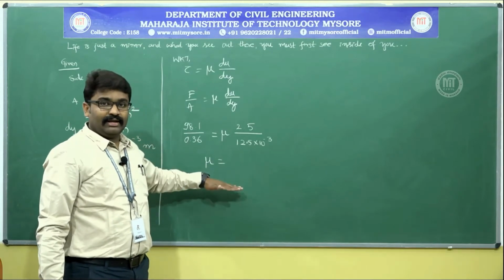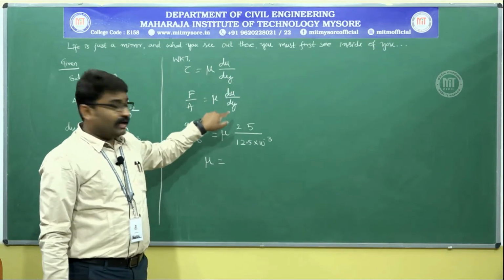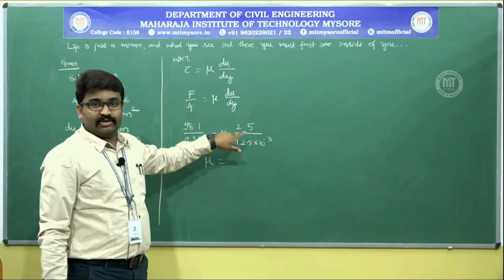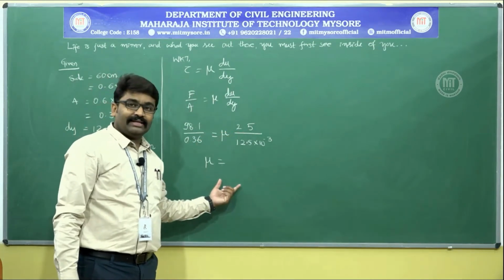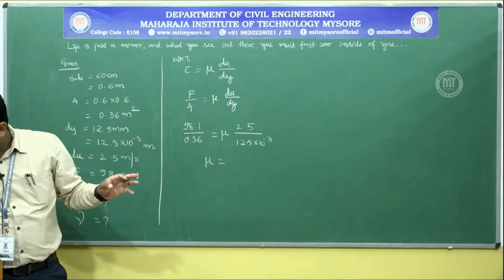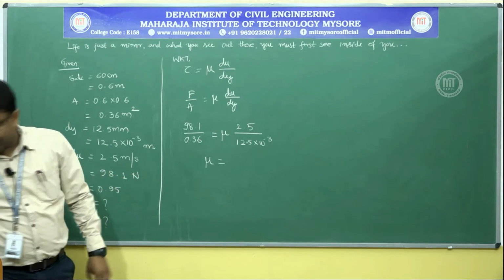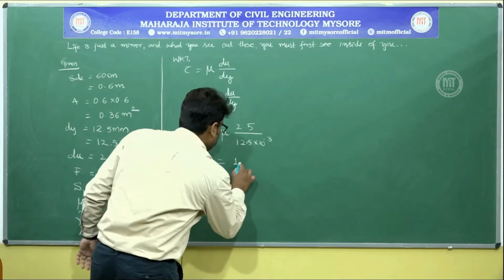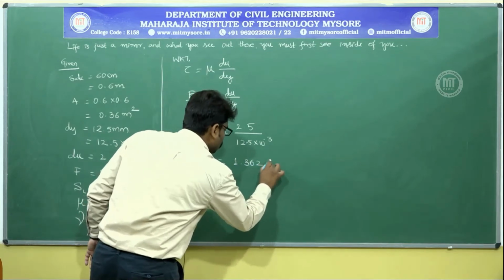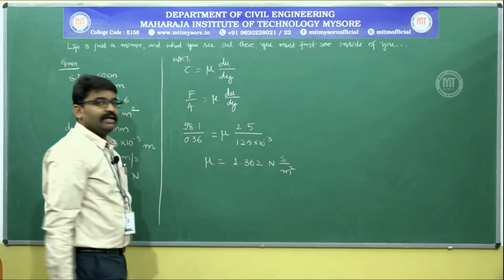Remember that what you are getting here will be in SI units, because all the other parameters are in SI units. Hence you will end up getting the answer also in SI units. So the value of mu that I have achieved here is 1.362 Newton second per meter square, which is its SI unit.